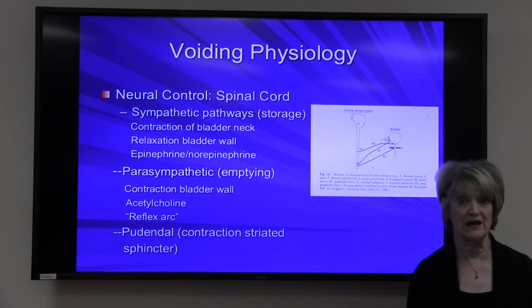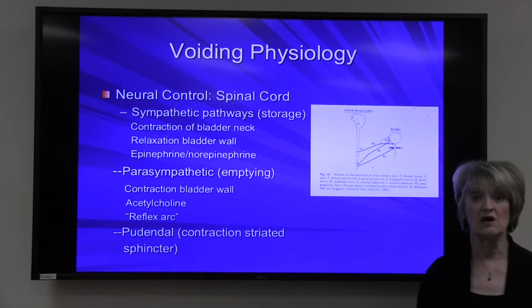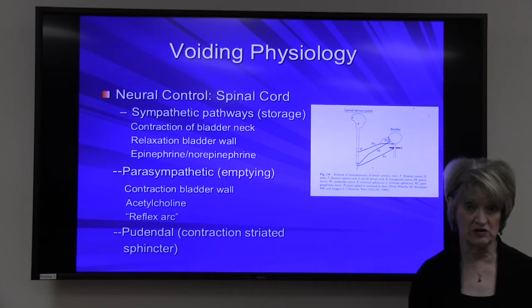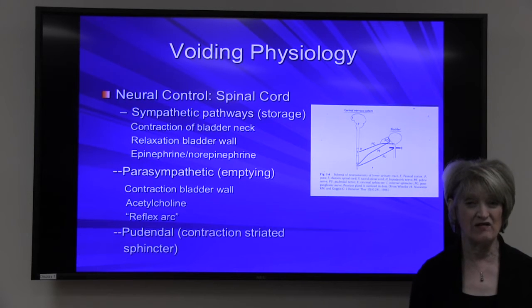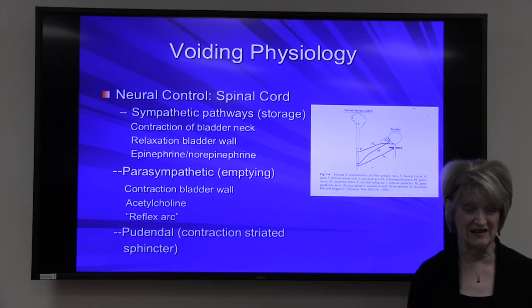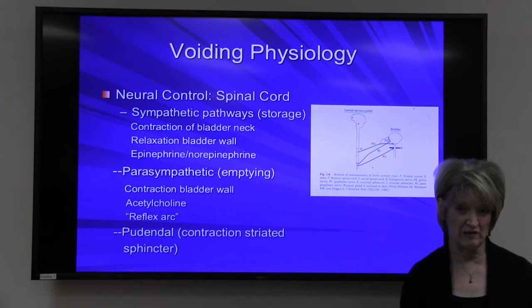There are two medications that are sometimes used. One is pseudoephedrine, which has major sympathomimetic effects. Unfortunately, in addition to tightening the bladder neck, Sudafed causes tachycardia and can cause hypertension. So it's not very widely used, and when it is used, it's off-label.